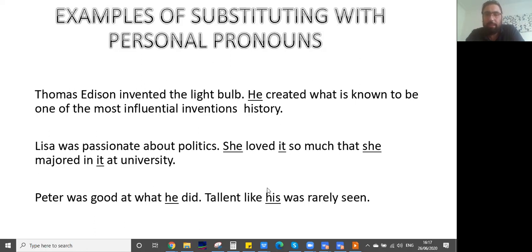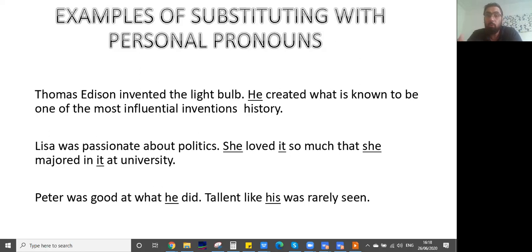Okay. Yes. So both of them, thank you. Both of them are referring to Peter. We're saying his as in Peter's and he being Peter. Excellent.